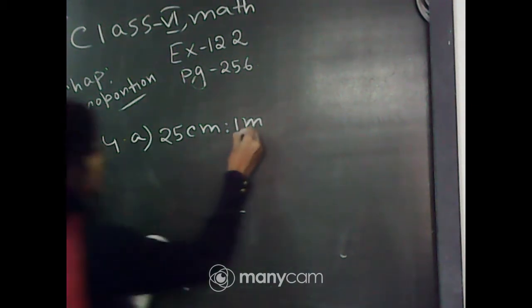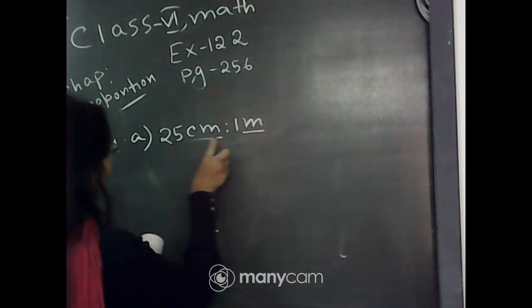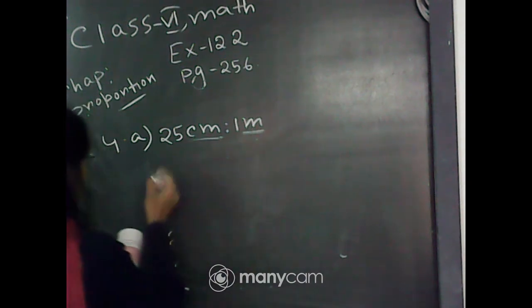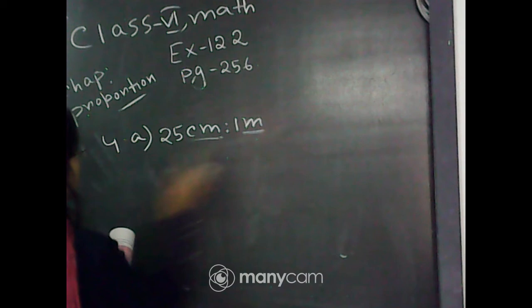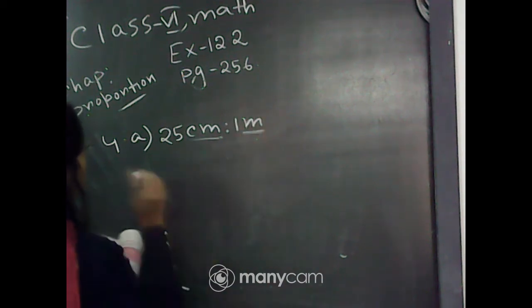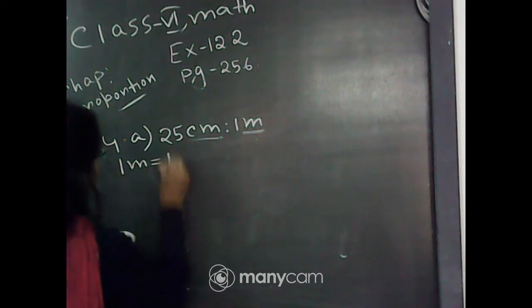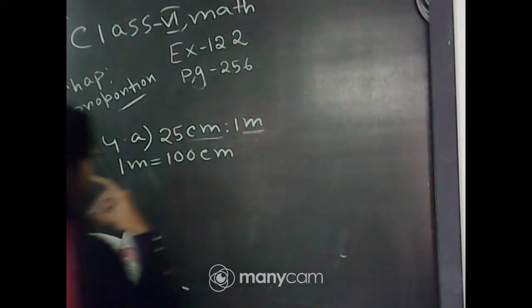Here the units are different, because here the unit is cm and here the unit is meter. So we convert this into cm. Now we know that 1 meter is equal to 100 cm, isn't it?